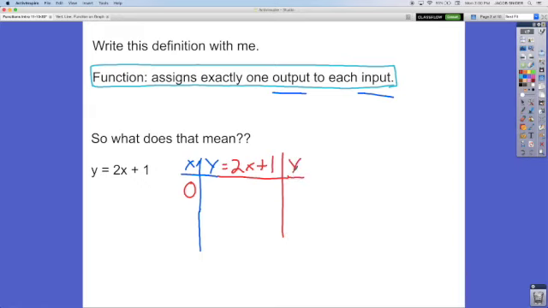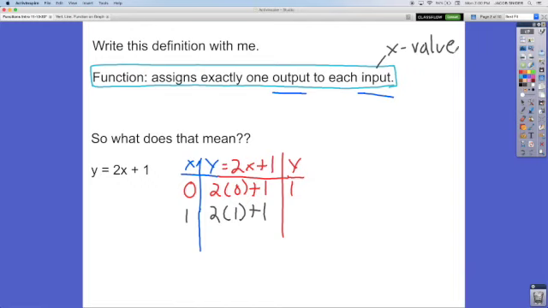So I would do 2 times 0 plus 1. 2 times 0 is 0, plus 1 is 1. If I plug in another number, let's say 1 this time, 2 times 1 plus 1. I'm plugging my 1 in, aka the input, so go back up to your definition and add this as my x value.